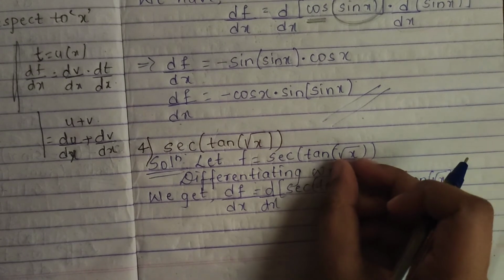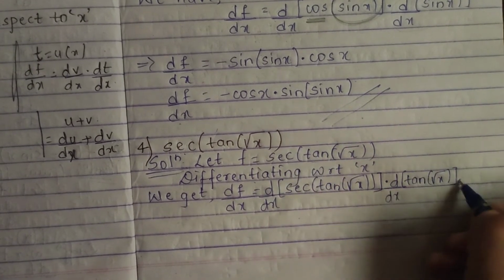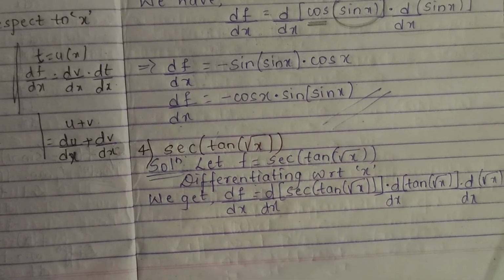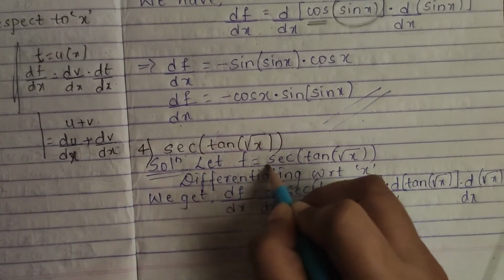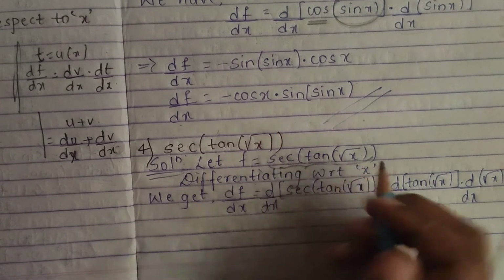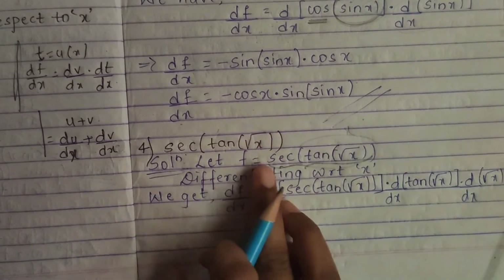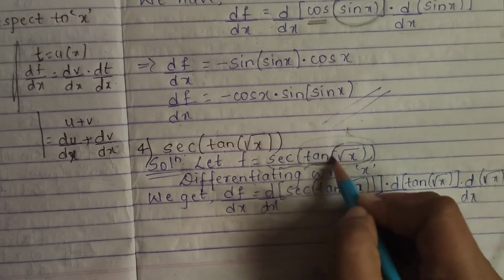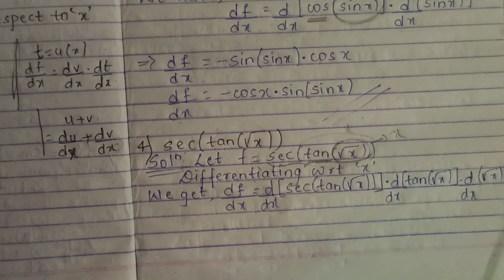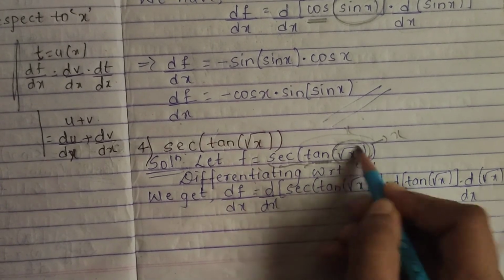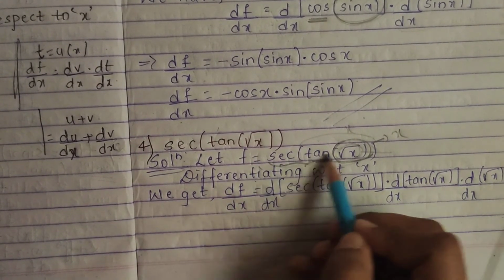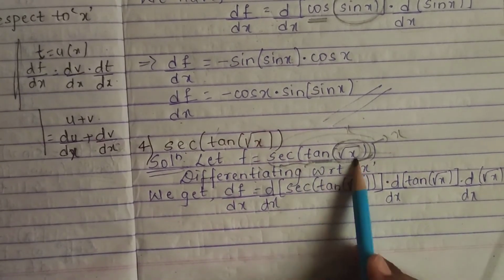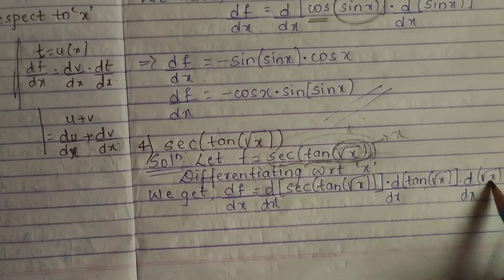Third will be just root x, so d by dx of root x. For sec, the whole term will be x. Second is tan; for the tan, this term will be x. Third is root. First d by dx of the whole outer part, then the interior second, and then again third.